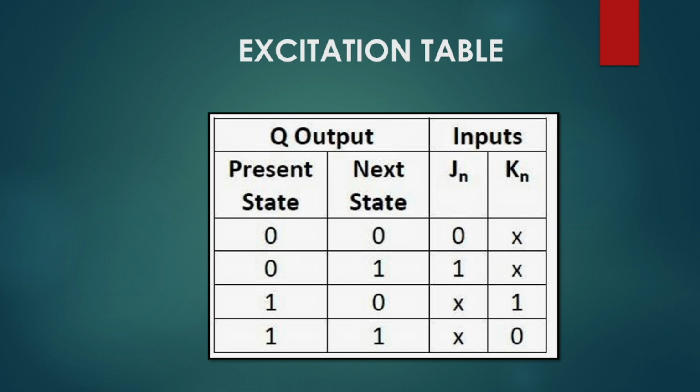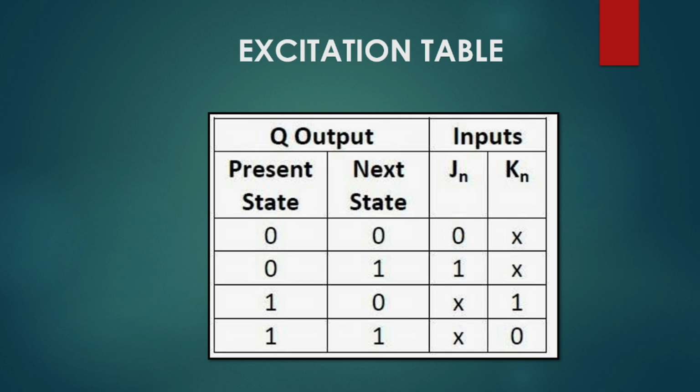So the inputs J and K should be 0 on J and X on K. Meanwhile, when the present state is 0 and the next state is 1, it will be 1 on J and X on K.